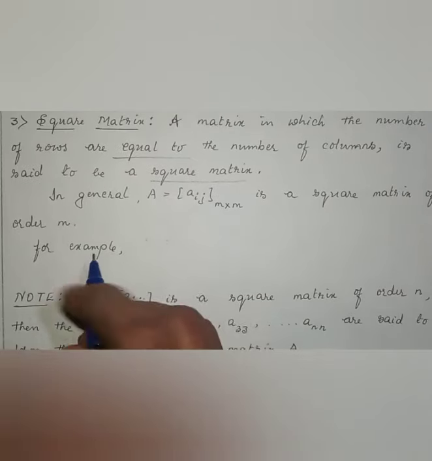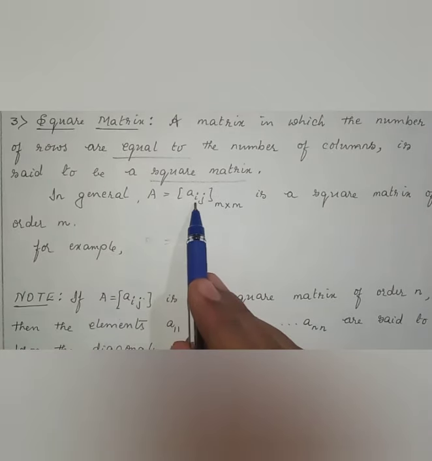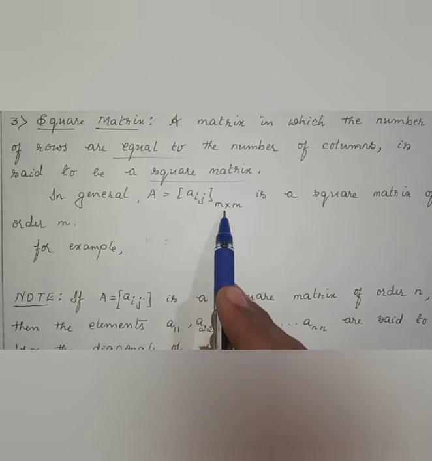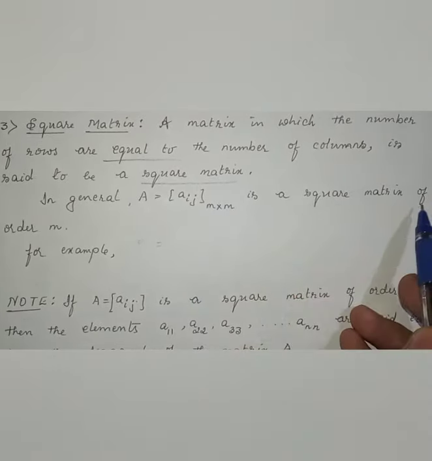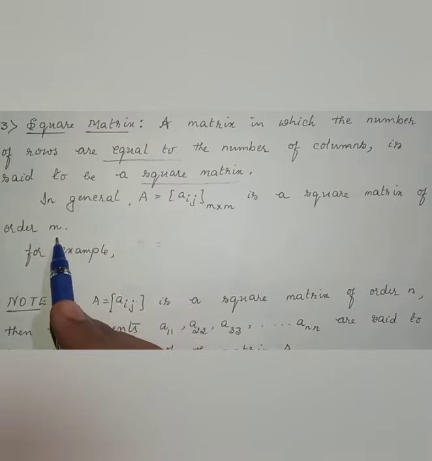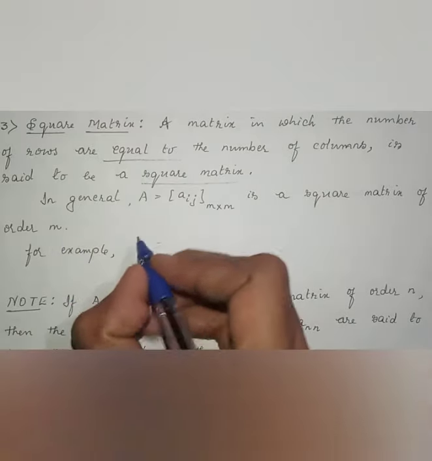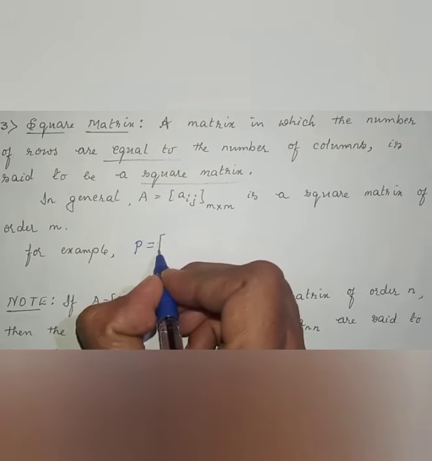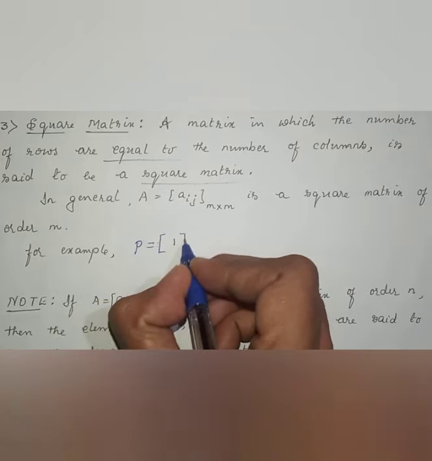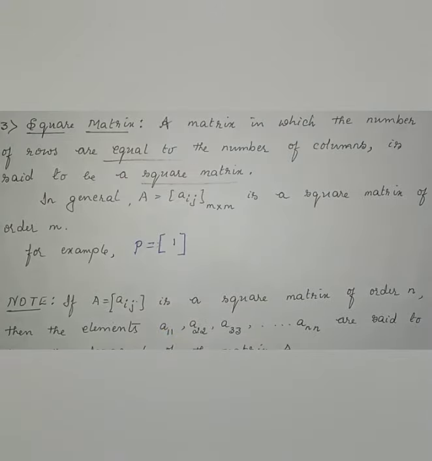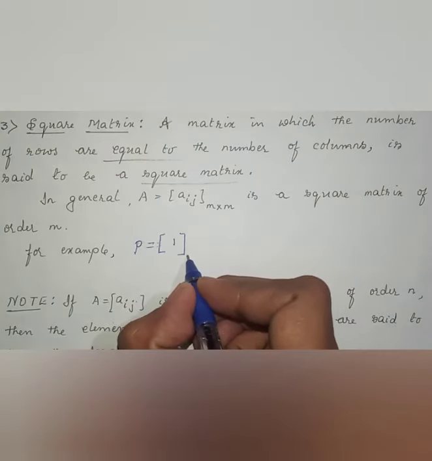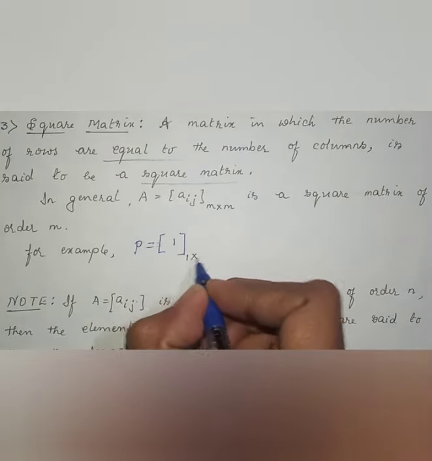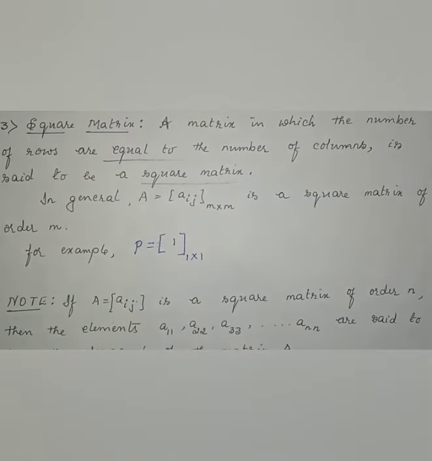In general, A is equal to [aij] of order m by m is a square matrix of order m. For example, P is equal to, I'll write only one element. This is a square matrix because the number of rows is 1 and the number of columns is 1.